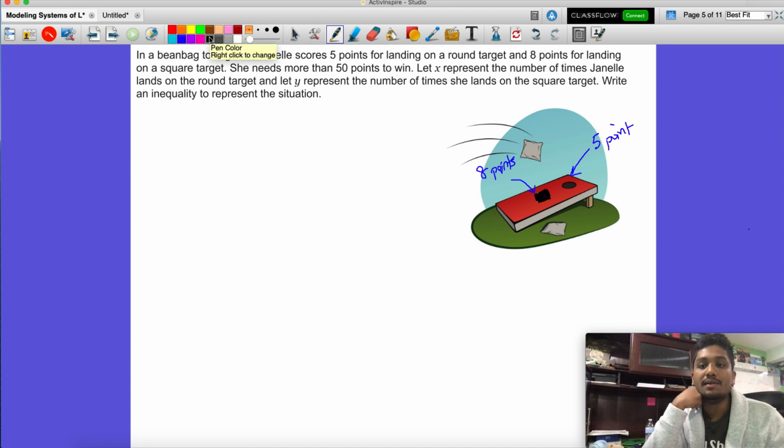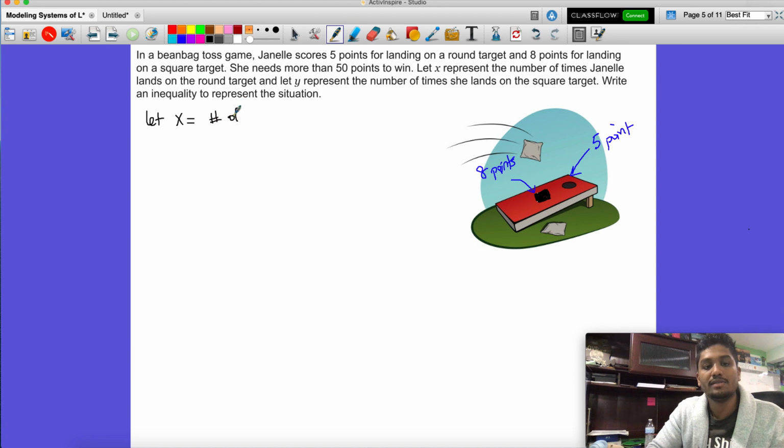Maybe I'll use it, maybe not. She needs more than 50 points to win, and it says let X represent the number of times Janelle lands on a round target. So we're going to say let X equal the number of times in the round target.